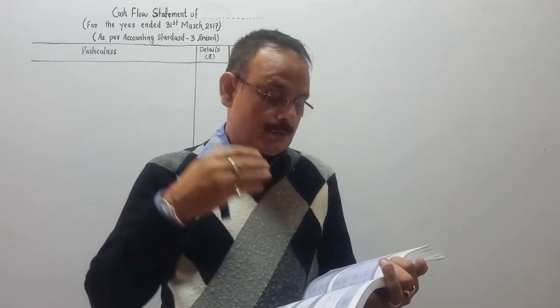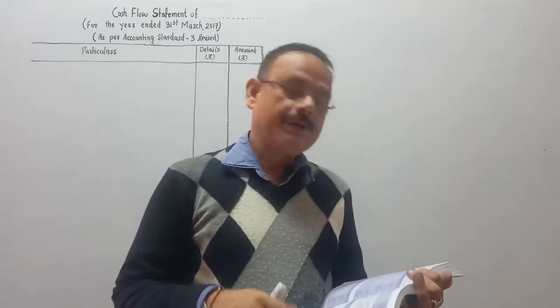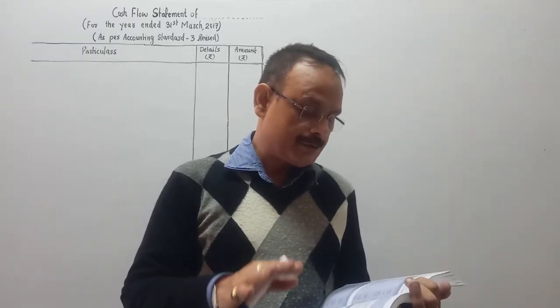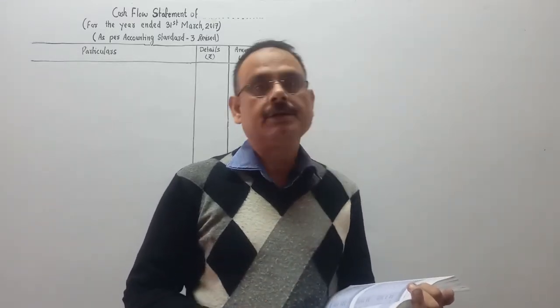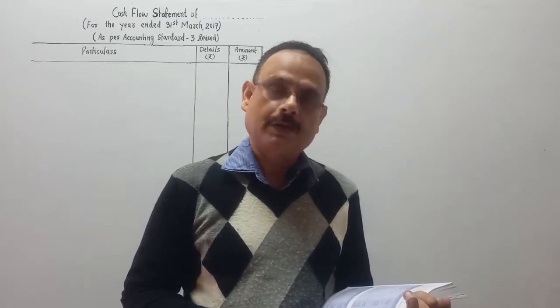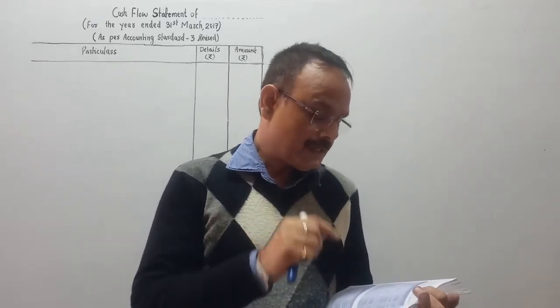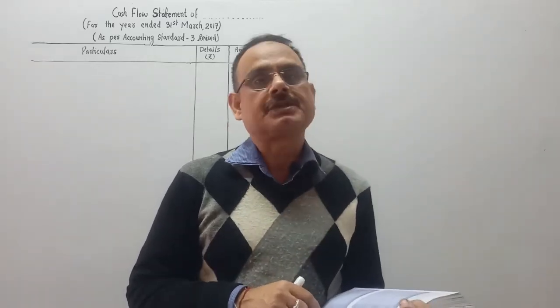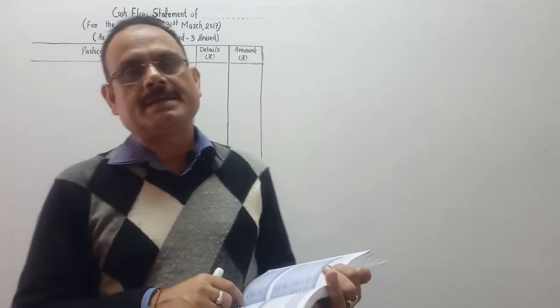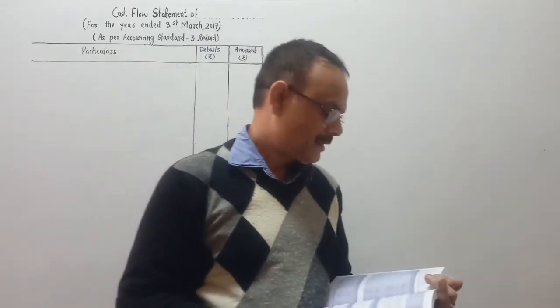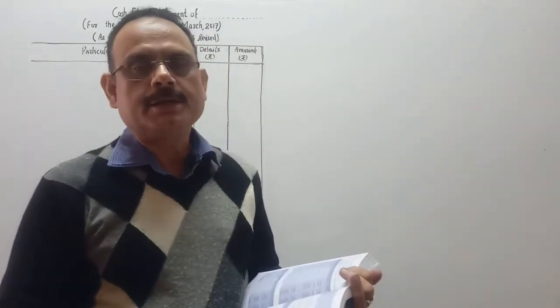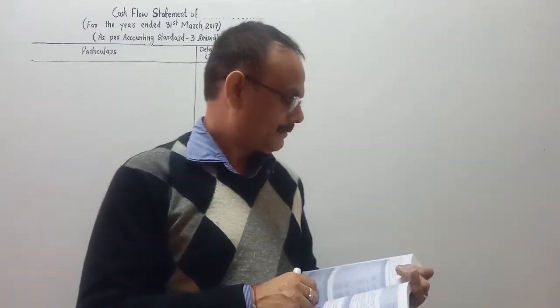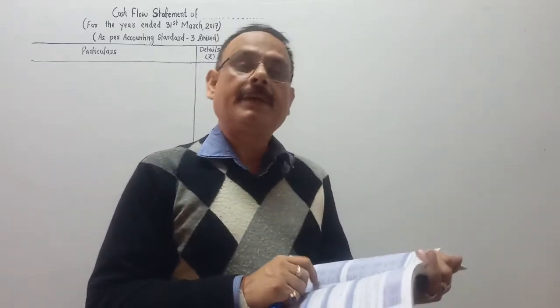And information number B is 9% debentures of 80,000 were issued on 1st April 2016. It means the debentures were issued on the first day of this financial year 2016-17, so the interest will be calculated on the whole amount for the current year.